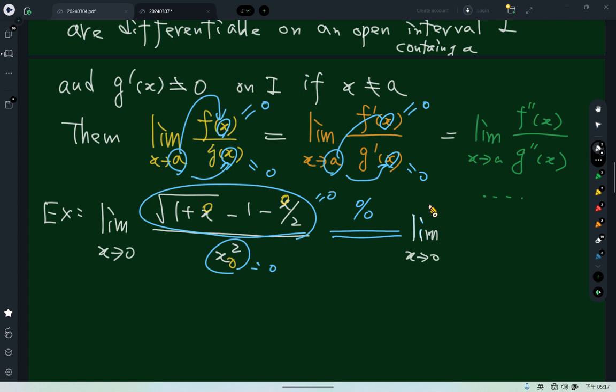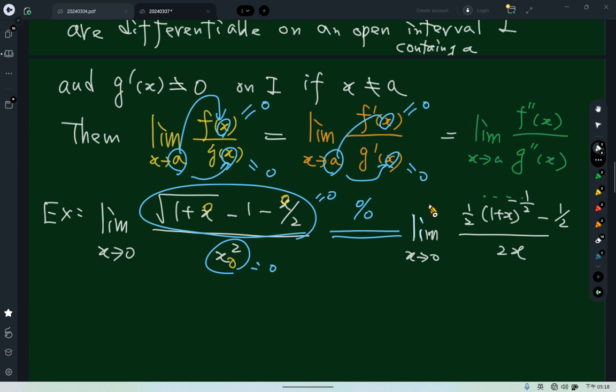Then you get 1/2 times 1 plus x to the power of minus 1/2, then minus 1/2. The denominator part is 2x.